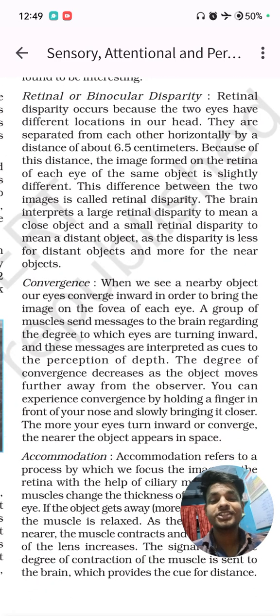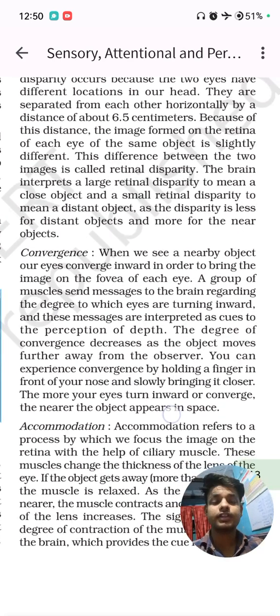Retinal disparity occurs because the two eyes have different locations in our head. They are separated from each other horizontally by a distance of 6.5 cm.